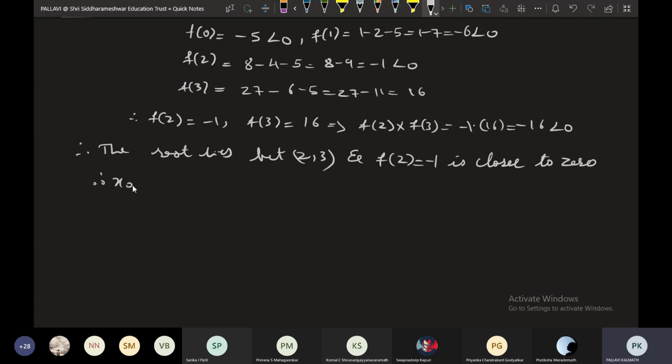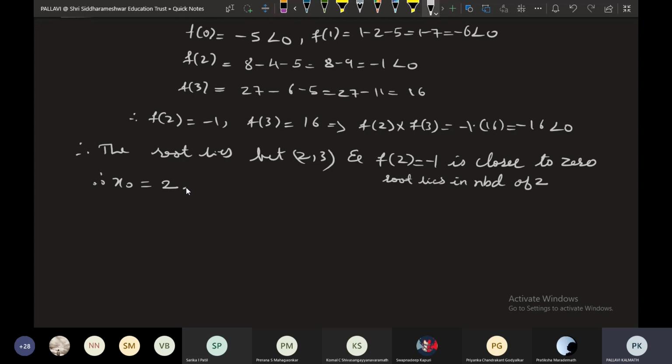Therefore, what do we consider as x naught? The root lies in the neighborhood of 2. Therefore, x naught equals 2. Understood how to consider x naught?